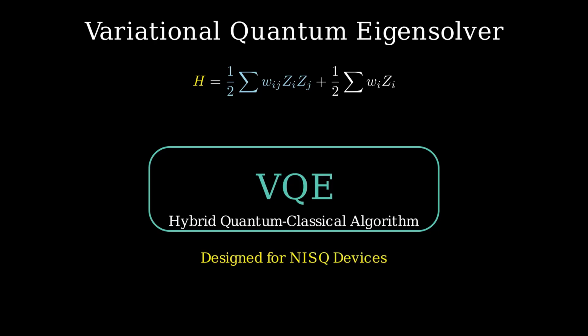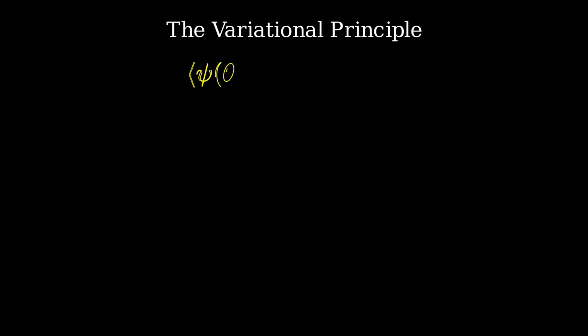VQE is built on one of the most fundamental concepts in quantum mechanics, the variational principle. Formally stated, the expectation value of H is always greater than or equal to E0, or E naught, which represents the ground state energy. Let me explain what this means.